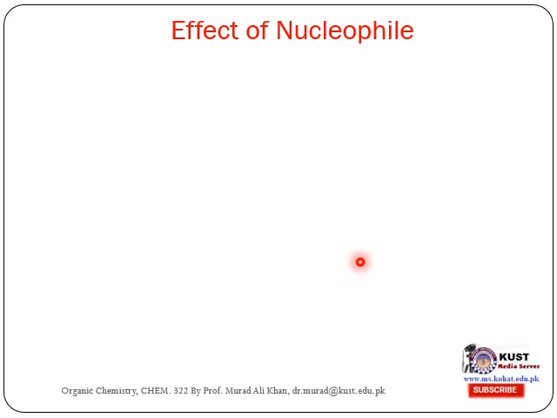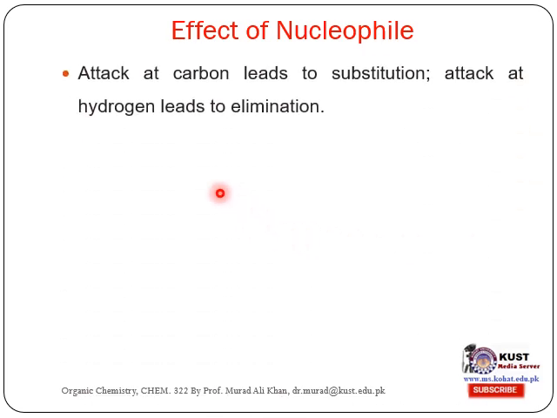Number one, the effect of nucleophile. How the nucleophile will affect the course of a reaction. There are two types of reaction. One is the substitution and the other is the elimination. There's a basic difference between the substitution and the elimination.